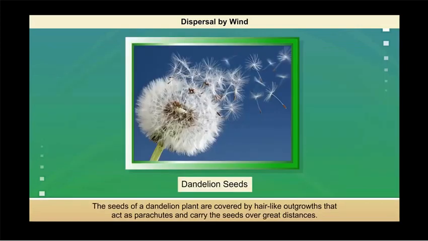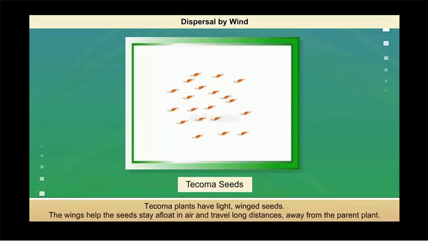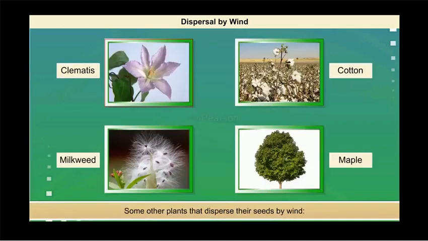The seeds of a dandelion plant are covered by hair-like outgrowths that act as parachutes and carry the seeds over great distances. Tecoma plants have light winged seeds. The wings help the seeds stay afloat in air and travel long distances away from the parent plant.